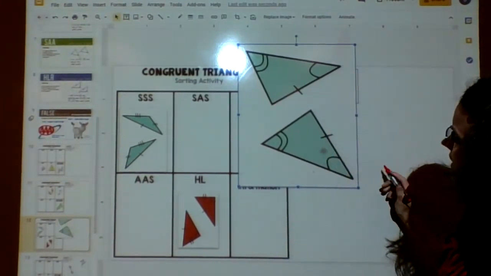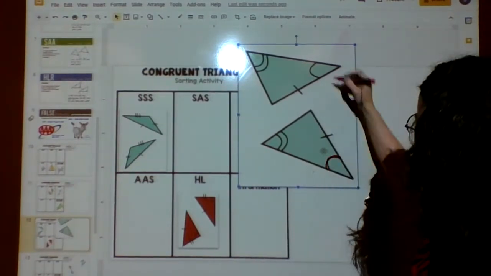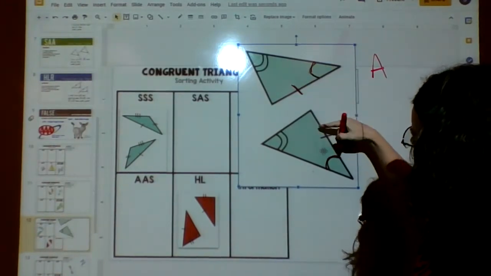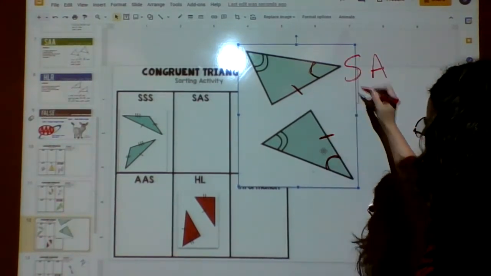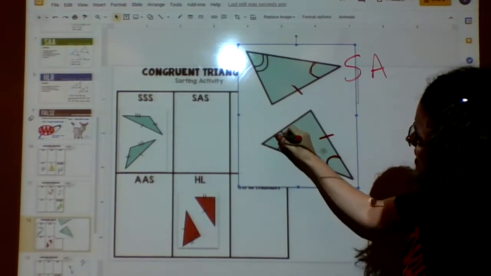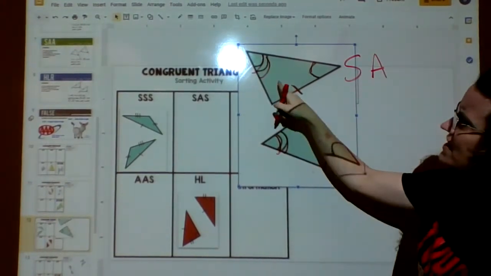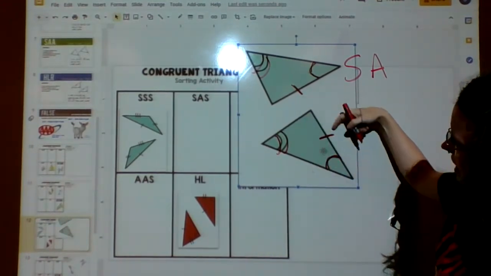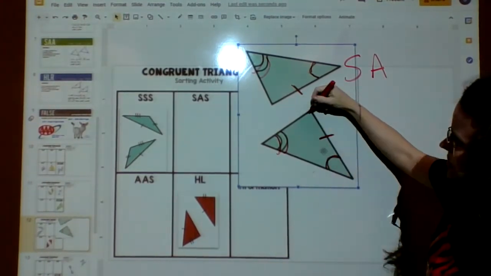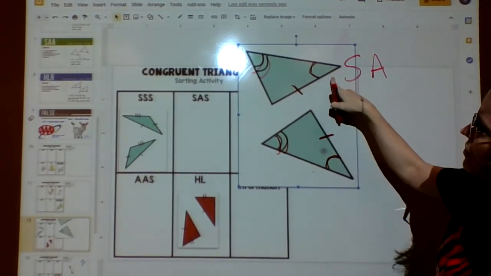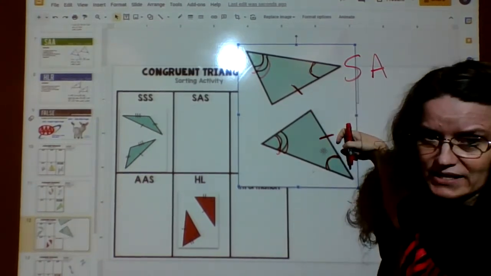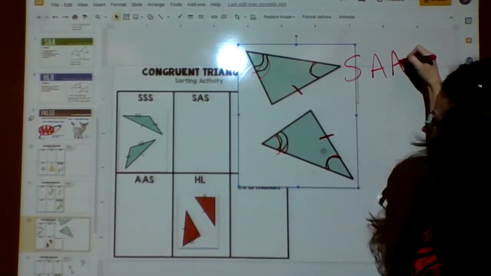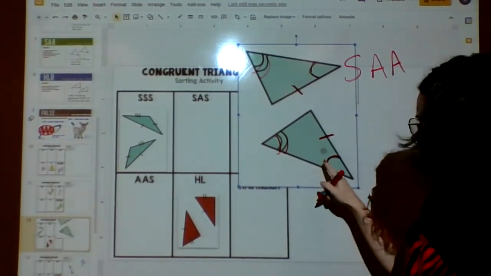So let's check this guy. Here I have an angle congruent to an angle, and here I have a side next to it congruent to a side. And here I have another angle congruent to an angle, but this one is not the one that sandwiches this side. It doesn't connect to it. And so I don't want to make a sandwich out of this side because my angles don't make a sandwich out of the side. So I'm going to just stick that angle off on the end because it doesn't make a sandwich.